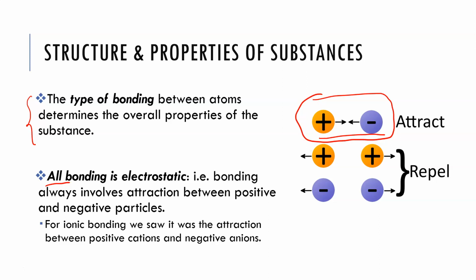All chemical bonding arises because of electrostatic attraction. It's just the nature of those positive and negative charges that changes, whether or not it's attraction between the nucleus and the electrons, cations, anions, those kinds of things. What that attraction is between is what changes, determining the type of bond, and we need to pay attention to that as we go through.